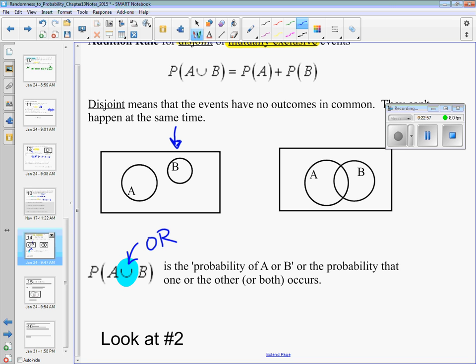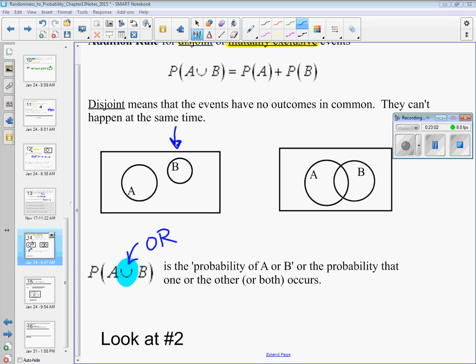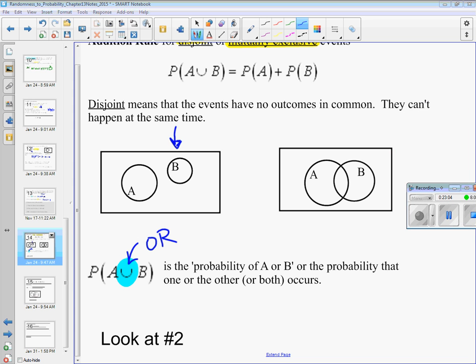By the way, there are two Venn diagrams on this picture. Only one of them shows disjoint events. Which one would show them as disjoint? The one on the left. Good, Joe. The one on the right has something in common. Don't you agree? There is an overlap. So these are not disjoint.